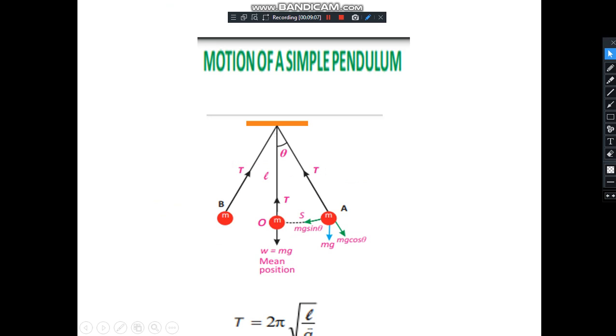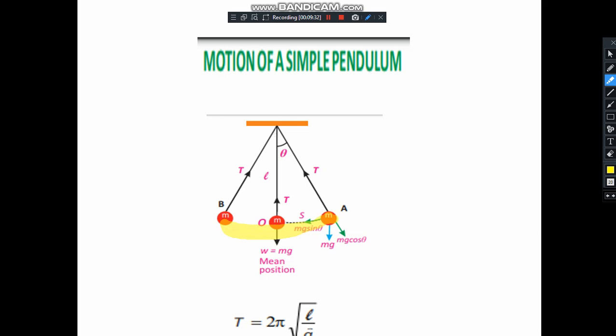From the mean position to the maximum displacement point is called its amplitude. And when a ball starts its motion from point A, moves to point B and comes back again to point A, its complete round trip is one vibration.